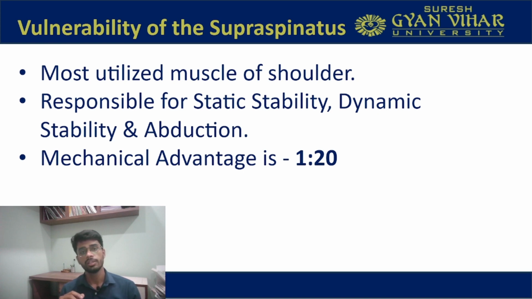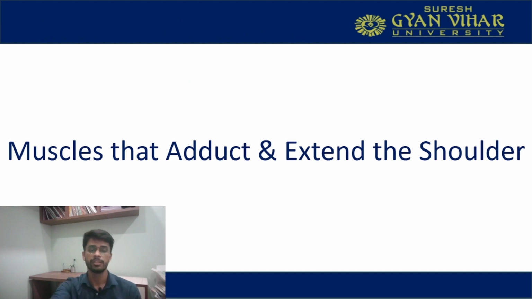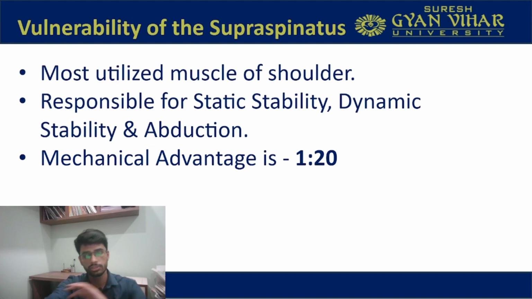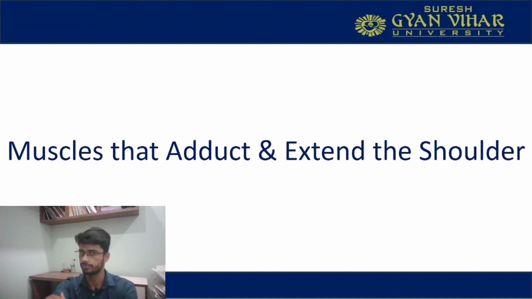So the supraspinatus has to produce more force in order to lift a little weight. Why? Because there is disparity in this mechanical advantage. So that makes the supraspinatus more vulnerable compared to any other muscle.